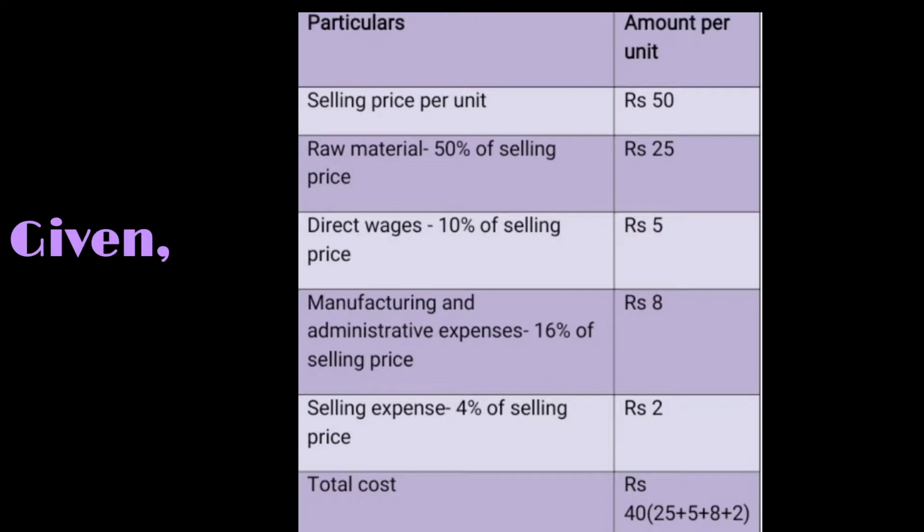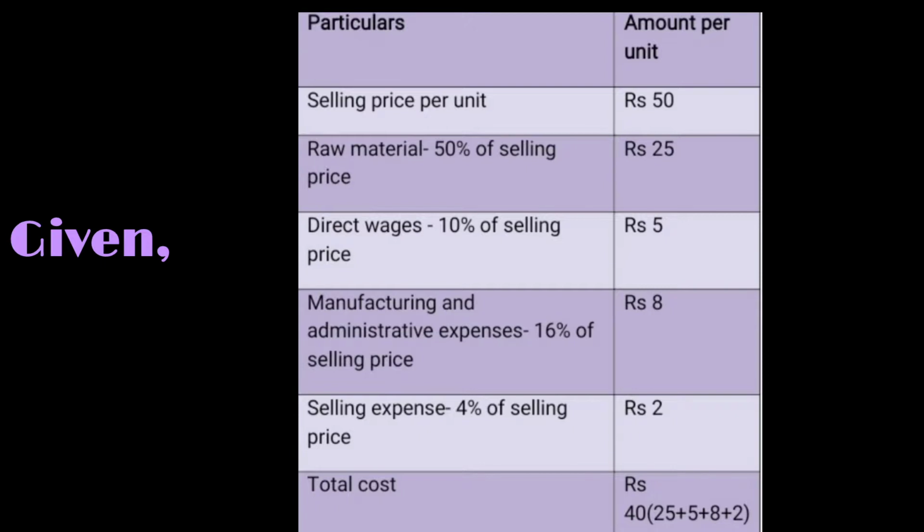For wages we were given 10% of selling price. That means 50 into 10%, that is rupees 5 per unit is the cost of direct wages. And lastly we are given manufacturing, administrative and overhead expense 16% of selling price, which calculated gives us rupees 8 per unit as the overhead cost for the firm.